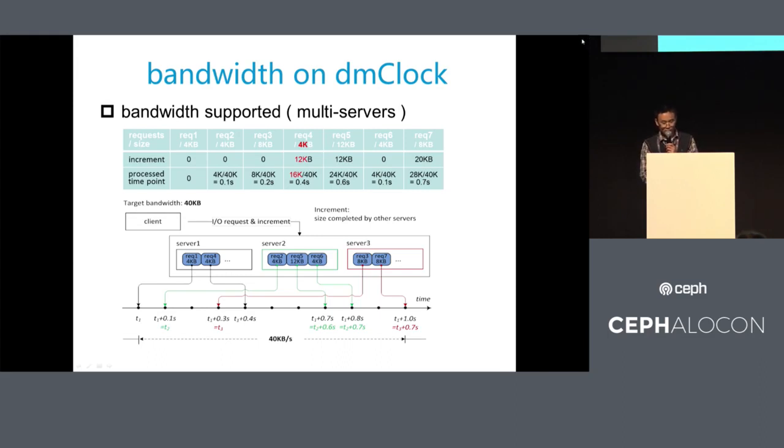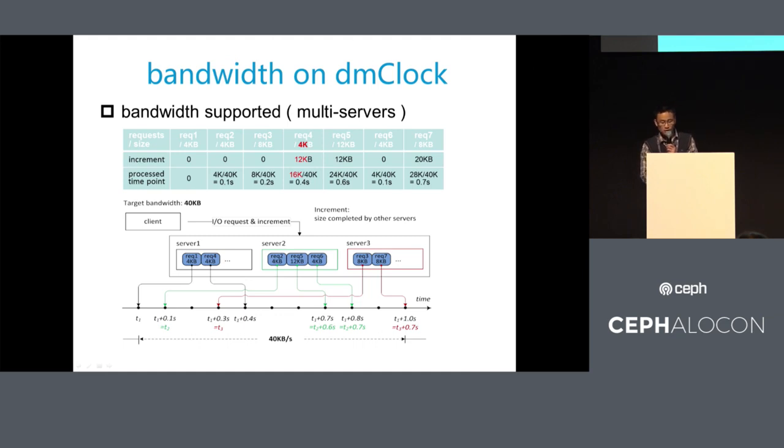Let's take a look at request 4 here. Its last request is request 1. And so the incremental size is request 2 and request 3, 4 plus 8, that's 12 kilobytes. Plus the own size of request, 4 kilobytes.